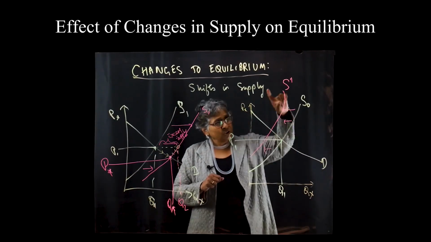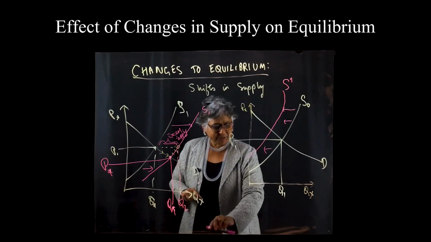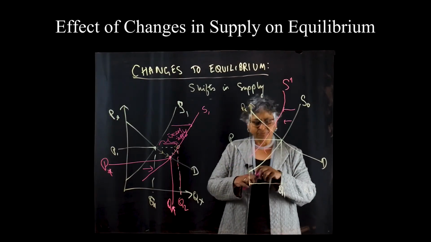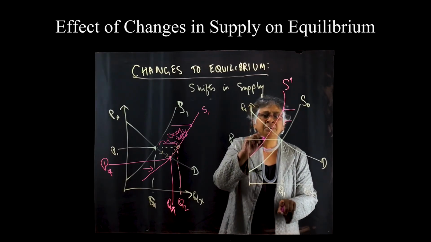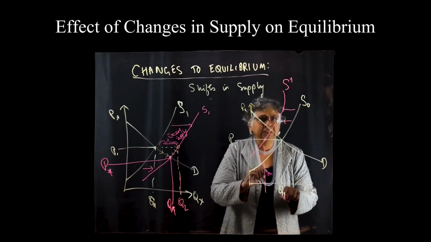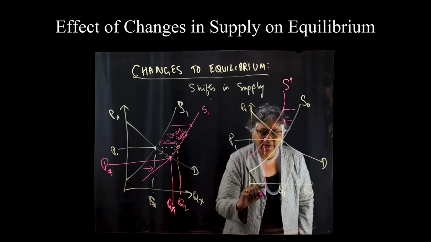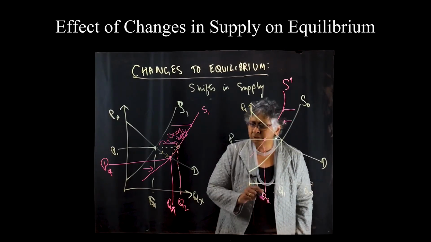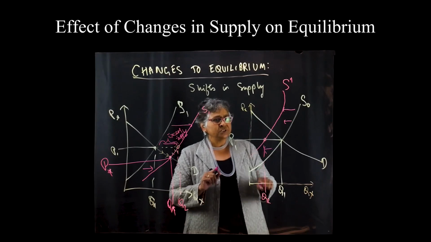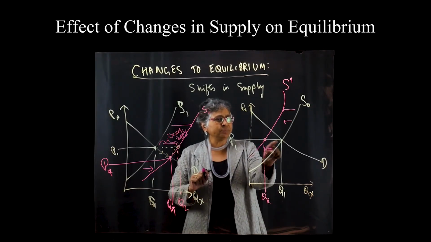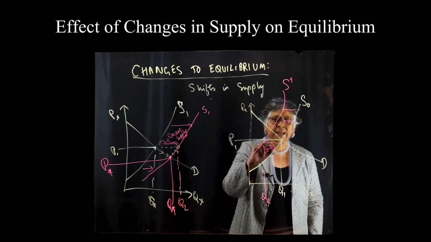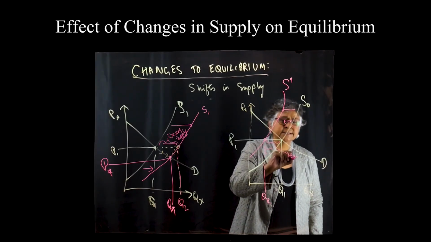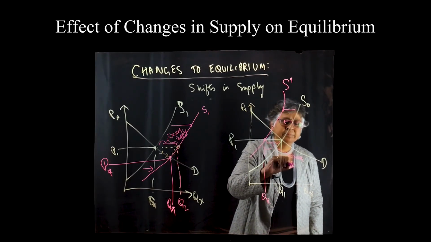So now that we have a decrease in supply, we can figure out what's going on. Consumers are still consuming Q1, but the producers have cut back along the new supply curve. They are supplying Q2, which means quantity supplied is less than quantity demanded, and we have an excess demand.